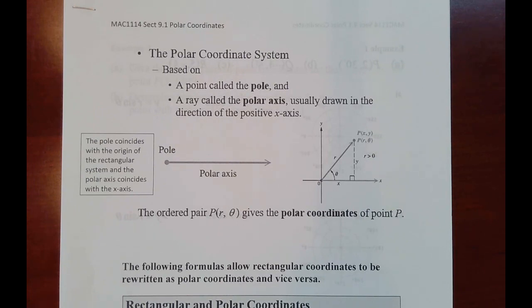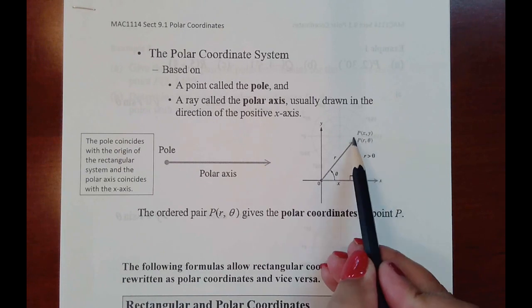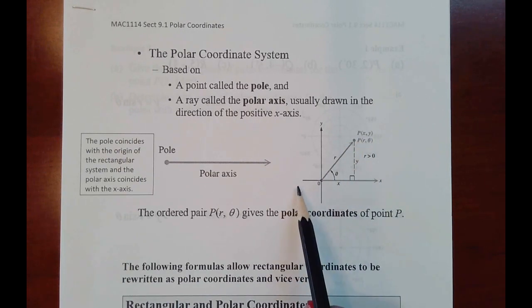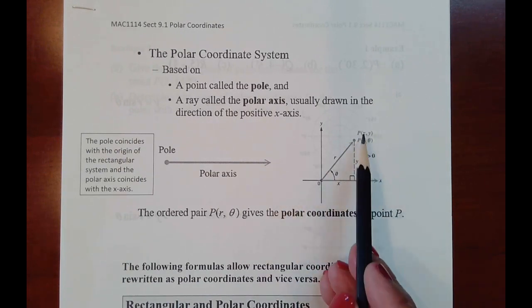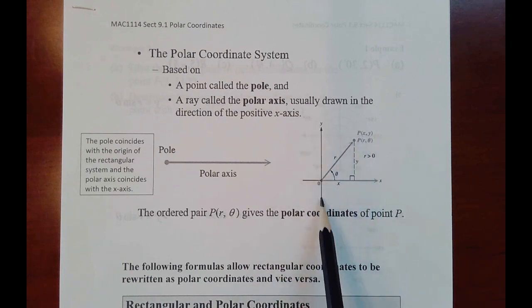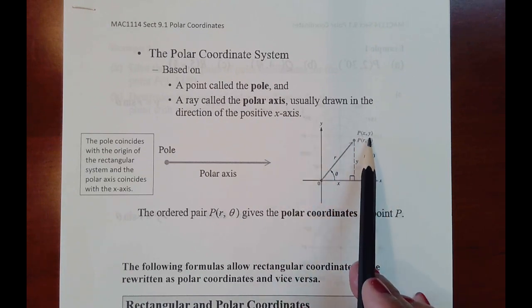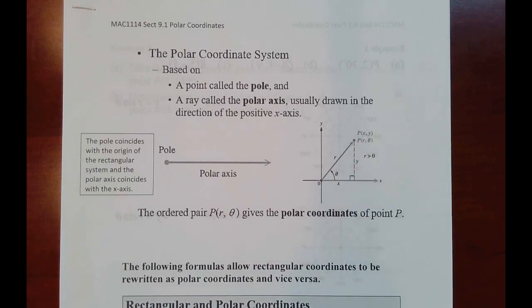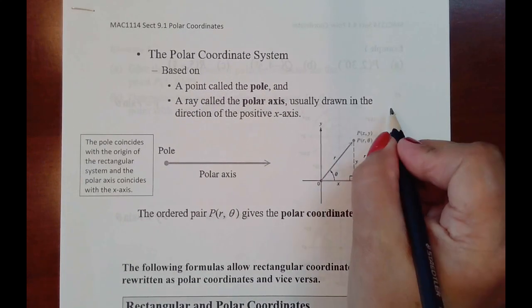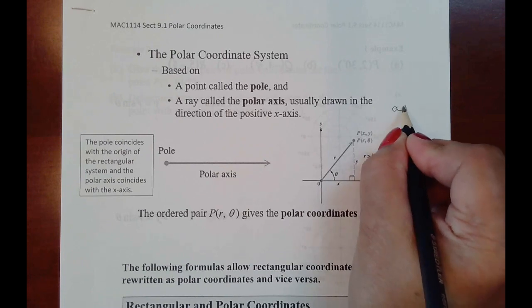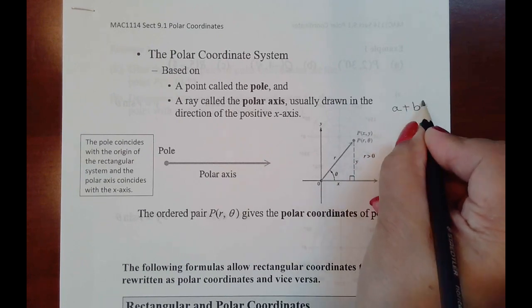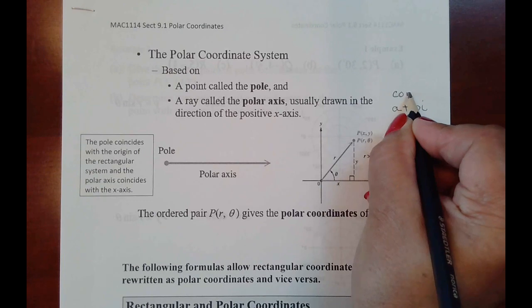So we begin just by taking a look at something that you've been used to plotting a lot coming up to this point, and that's plotting rectangular coordinates, where the x-axis, the horizontal axis, is for the first coordinate, and the vertical axis, the y-axis, is for the second coordinate, both real numbers. And then you've also had some experience with this in your previous algebra courses where you would plot a complex number.